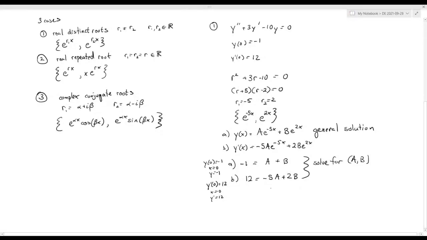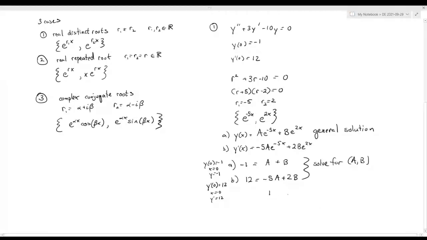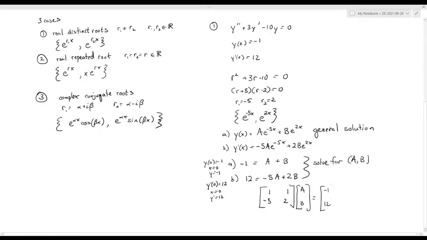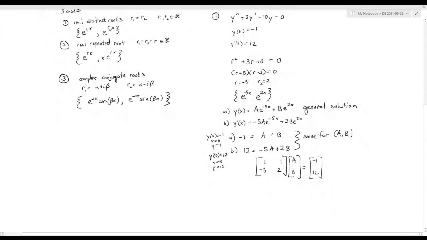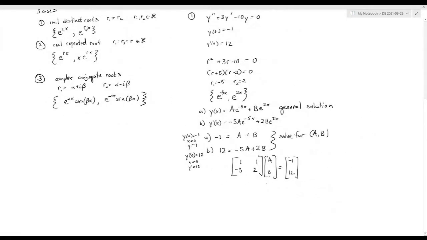Okay, I'll probably use matrices. So here I'll write this as a matrix equation. And that should be equal to the column -1, 12. And then I'll just use maybe the method of inverses. So the vector of A and B is the inverse of this matrix times the column.